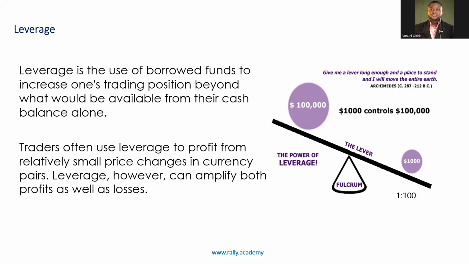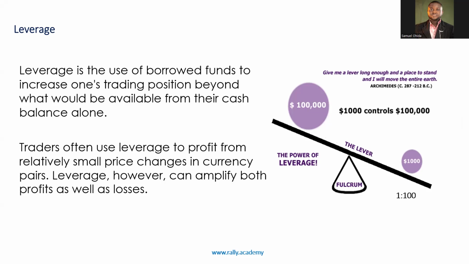So you can use your $1,000 to trade as if you were trading $100,000 because of the borrowed funds you've gotten from the broker. You understand? So traders use leverage to profit from relatively small price changes.